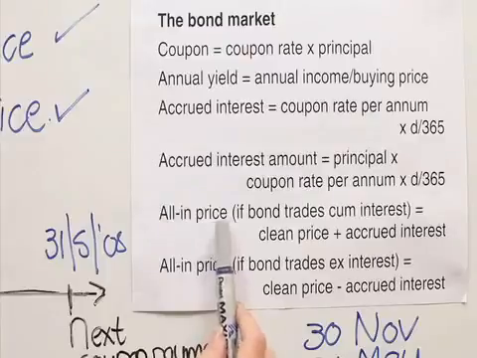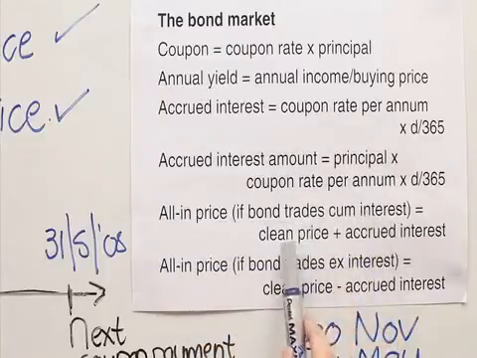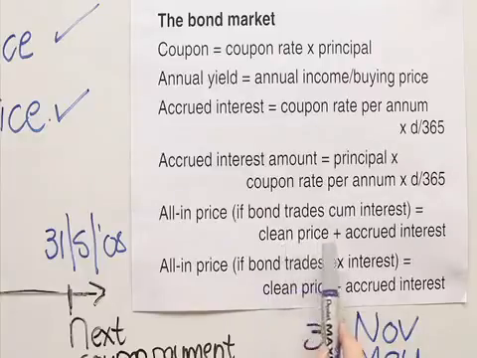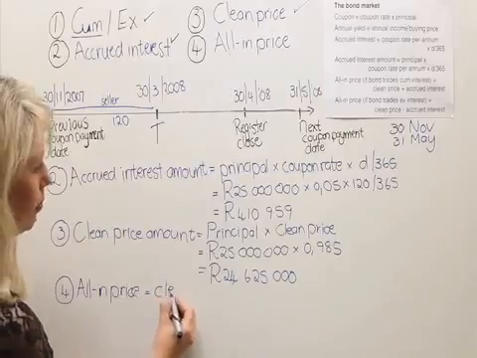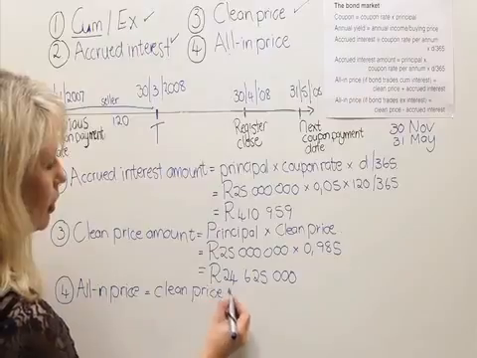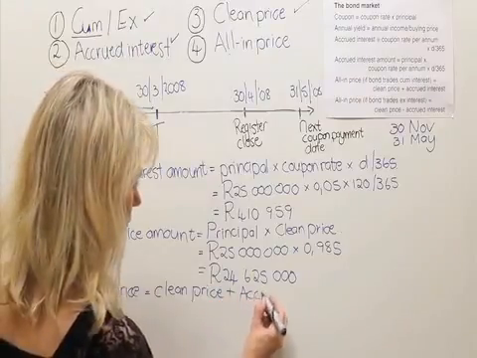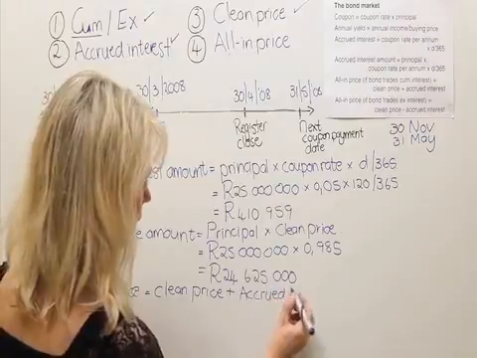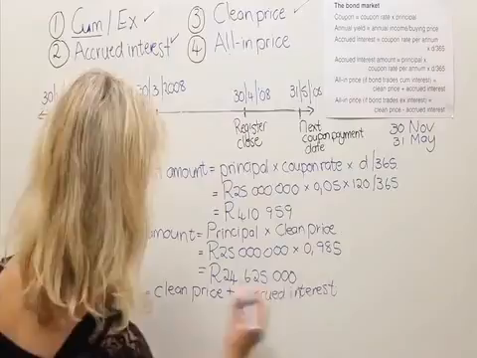All-in price, if the bond trades cum interest, is equal to the clean price plus the accrued interest. So we have to say all-in price is equal to the clean price plus the accrued interest that we've calculated in number 2.